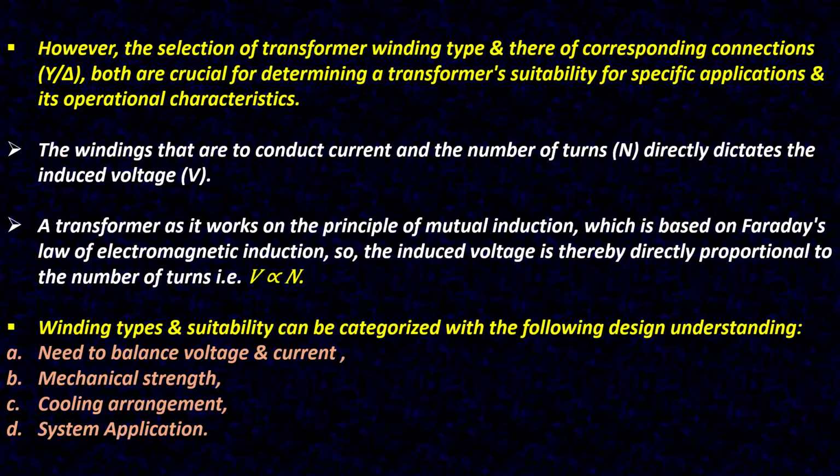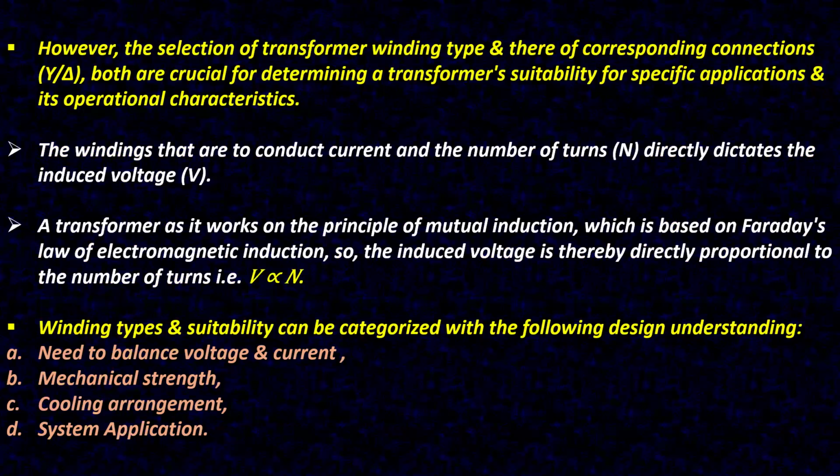However, the selection of transformer winding type and the corresponding connections, that is star or delta, are both crucial for determining a transformer's suitability for specific applications and its operational characteristics.